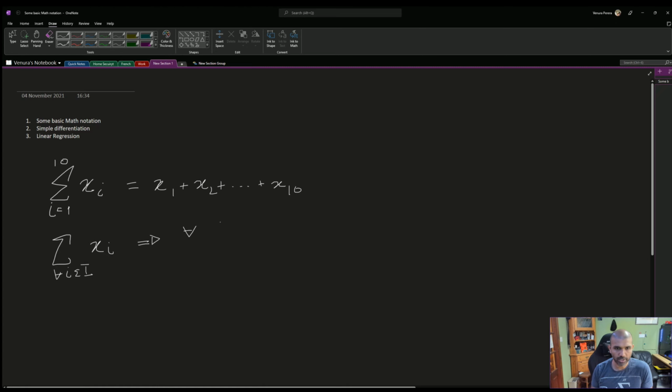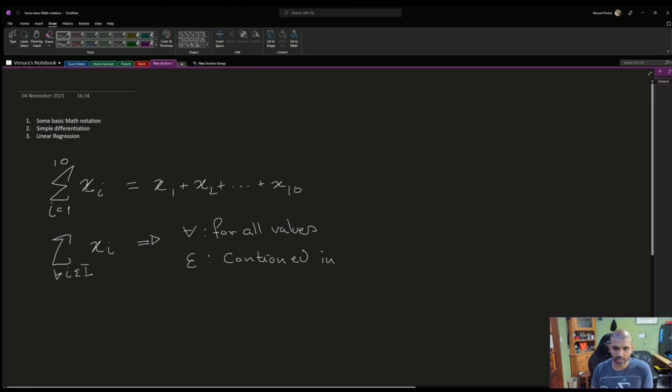This symbol, the upside-down capital A, is an abbreviation for saying "for all values," right? That's what it stands for, and it's easy to write. And then this epsilon just means "contained in," right? What this is saying is everything inside of I.